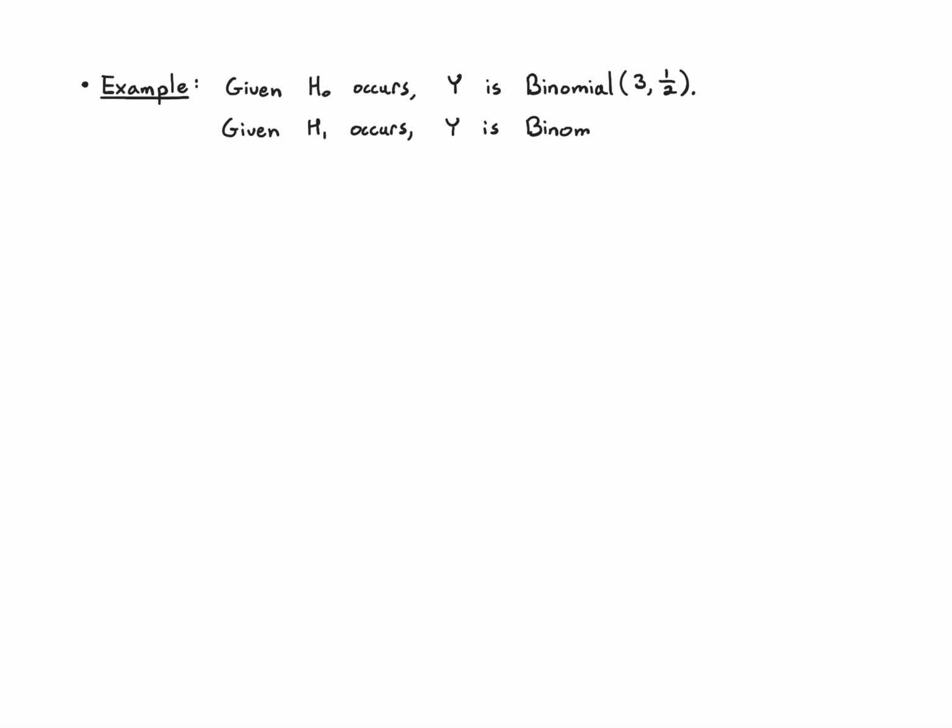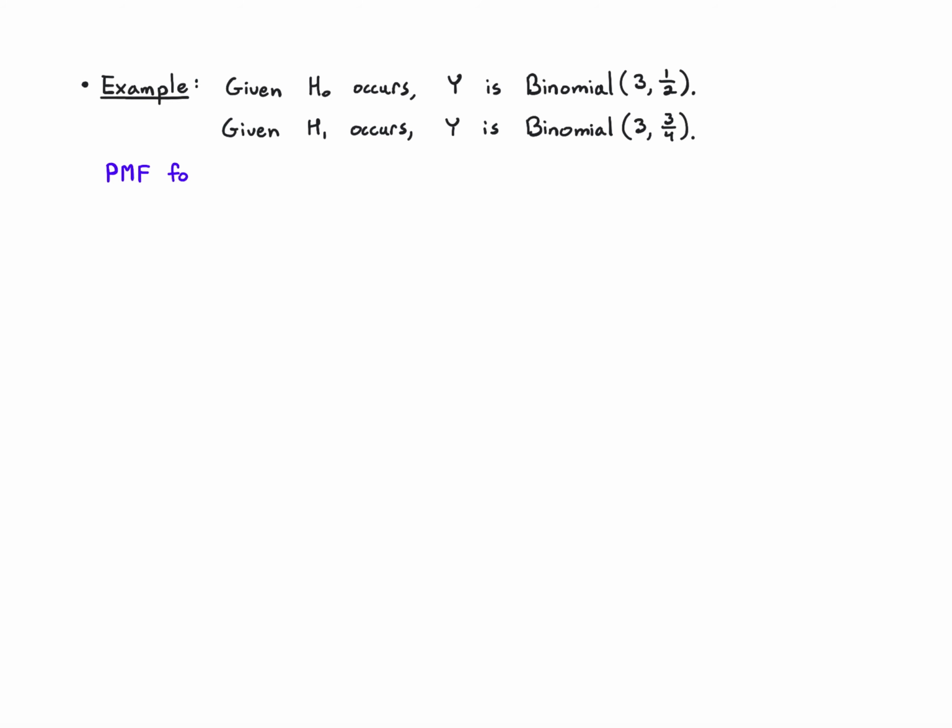So in this example, I'm going to have 2 hypotheses. Given that H0 occurs, I'm going to have the conditional probability model that Y is binomial with parameters 3 and 1/2. Alternatively, if H1 occurs, then I'm going to say that Y is binomial and it's going to have parameters 3 and 3/4.